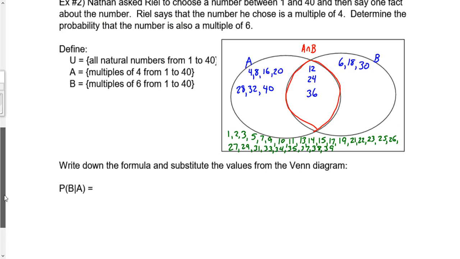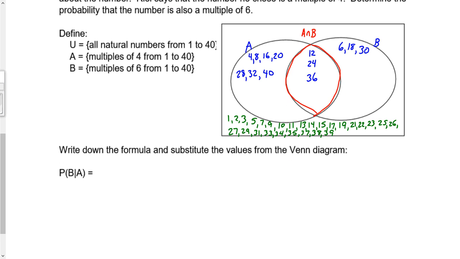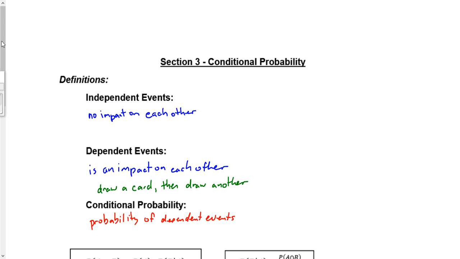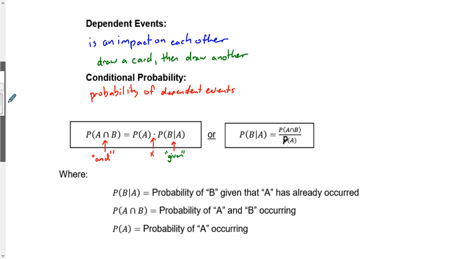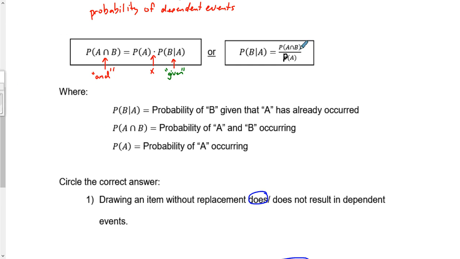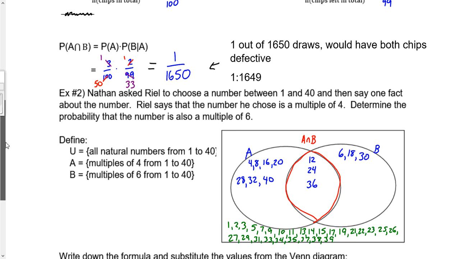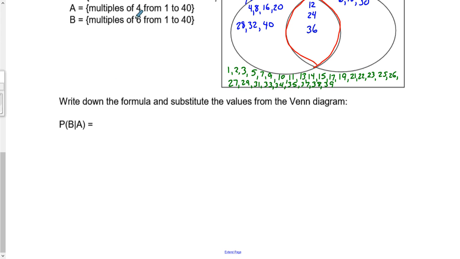So if I go back to the formula on that first page, the probability of B given A would be the probability of A and B happening, divided by the probability of A happening. So I'm just going to write that down.